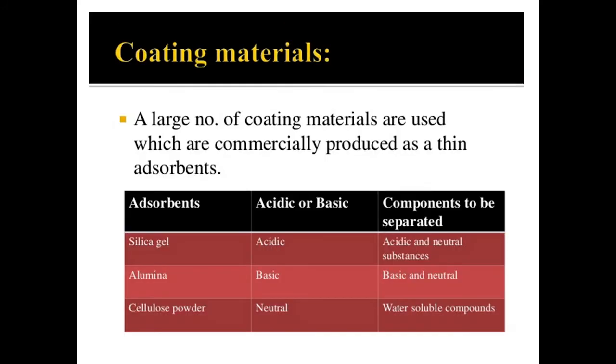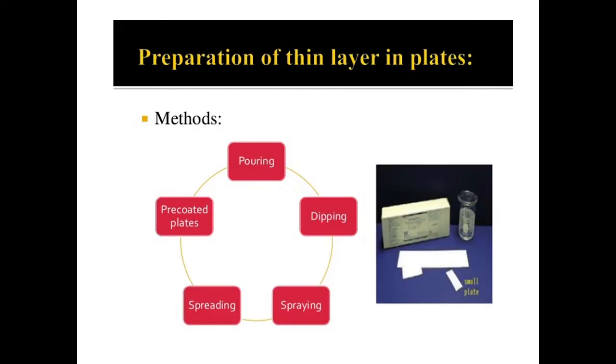Now, what is the nature of the component that is to be separated? Whether it is acidic, neutral, basic, whatever, depending on that, adsorbents can be used. As I said, silica gel, alumina gel, or cellulose powder can be used. They are available commercially.